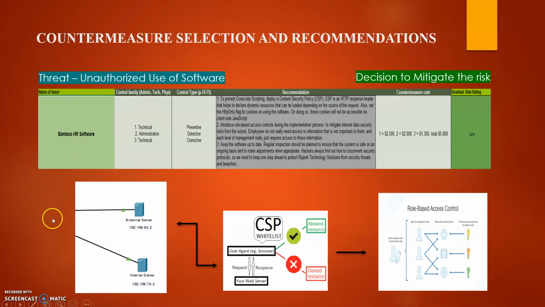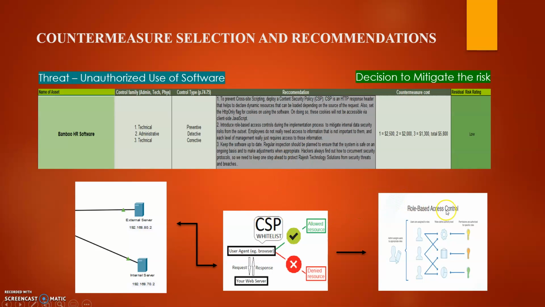The next asset is Bamboo HR software, and the threat identified is the unauthorized use of software. The control family is technical, administrative, and technical. We have decided to mitigate this risk for this particular asset. The recommendations we have concluded are, to prevent cross-site scripting, we need to deploy a content security policy. It is basically an HTTP response header that will help us declare which dynamic resources can be loaded, depending on the source of the request as well.